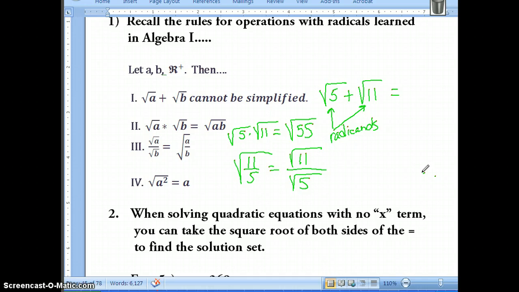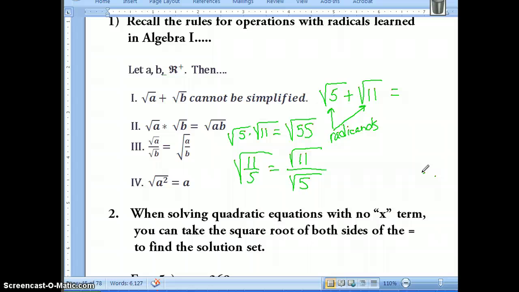And then the fourth rule for radicals for square roots is the square root of any number squared is itself. By definition, a square root is a number that when multiplied by itself gives you your original radicand. So, for example, the square root of 9 can be written as 3.